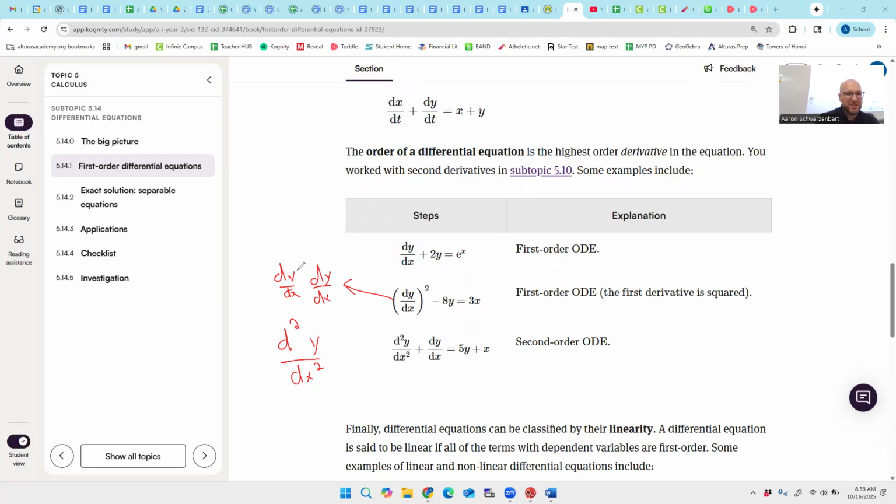And there's a reason we don't ever notate it like that, because it's too similar. We don't want to make it more confusing than it already is. Because this is like a velocity, right?